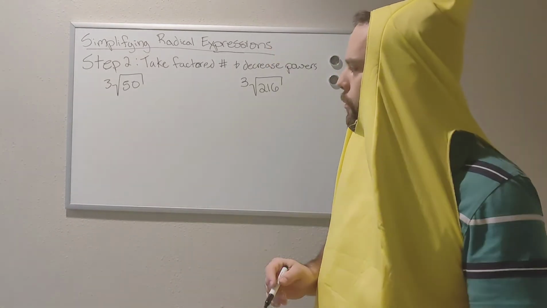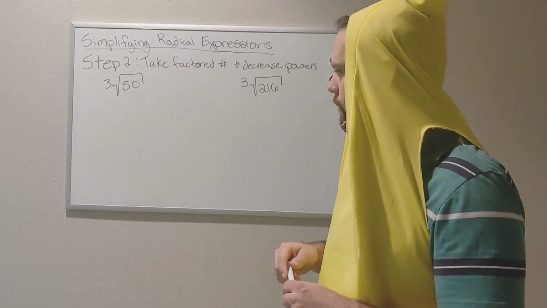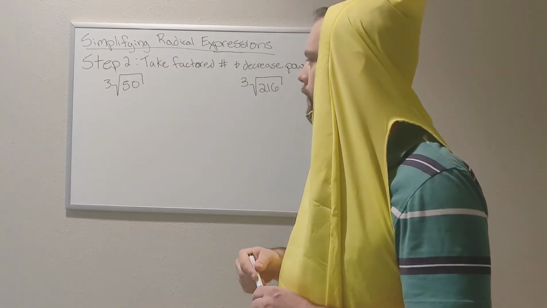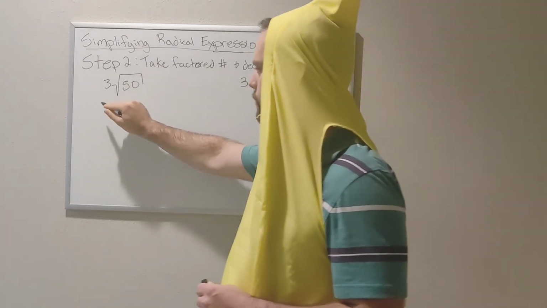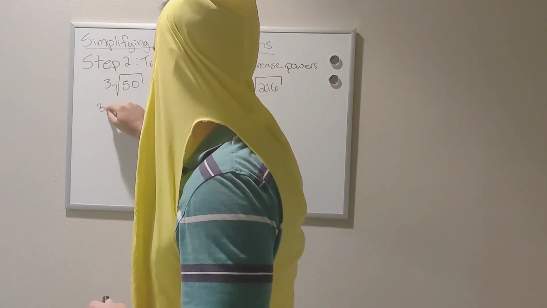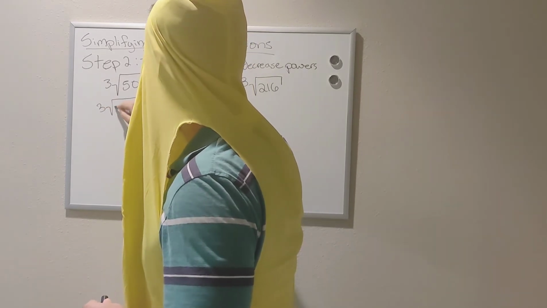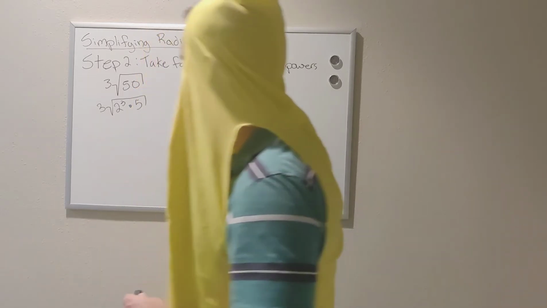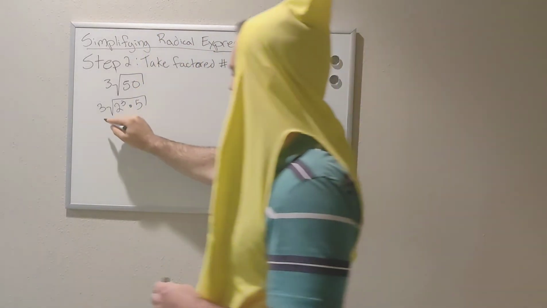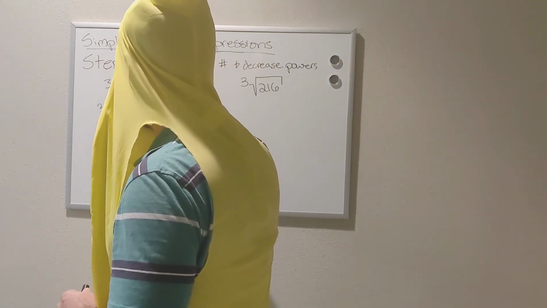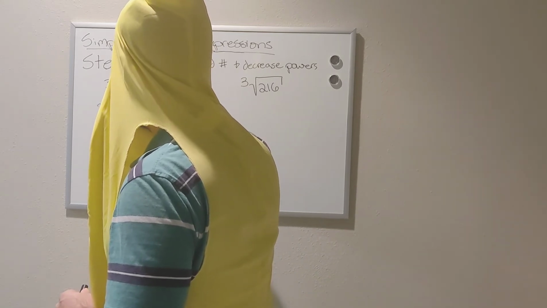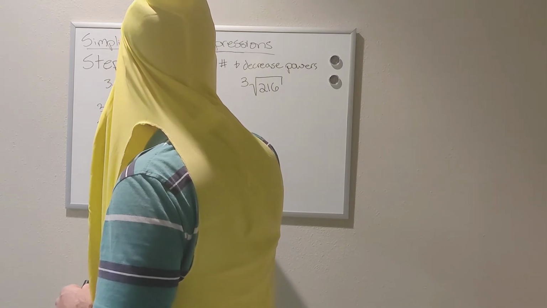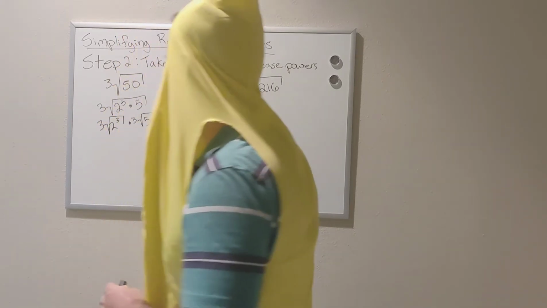Let's take a look at a couple more examples from our previous board. Here we're going to look at what the cube root of 40 simplifies as. Now we factored it on the last board, so we can write this as, of course, the cube root of 2 cubed times 5. We're going to split this up. This is the cube root of 2 cubed times the cube root of 5.